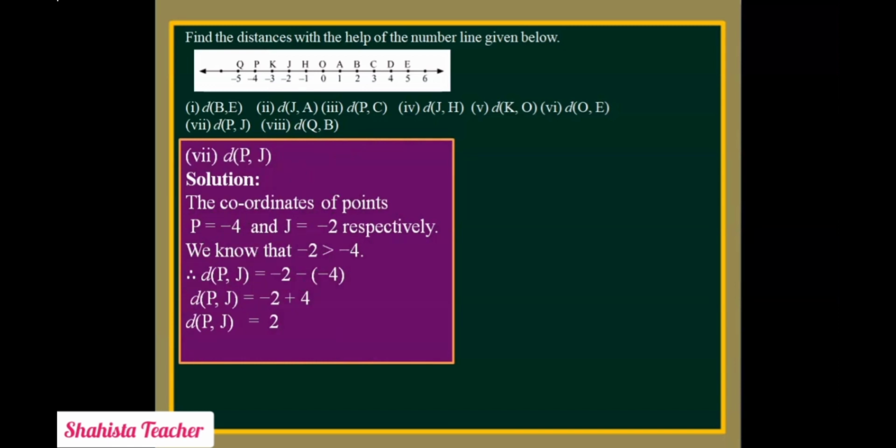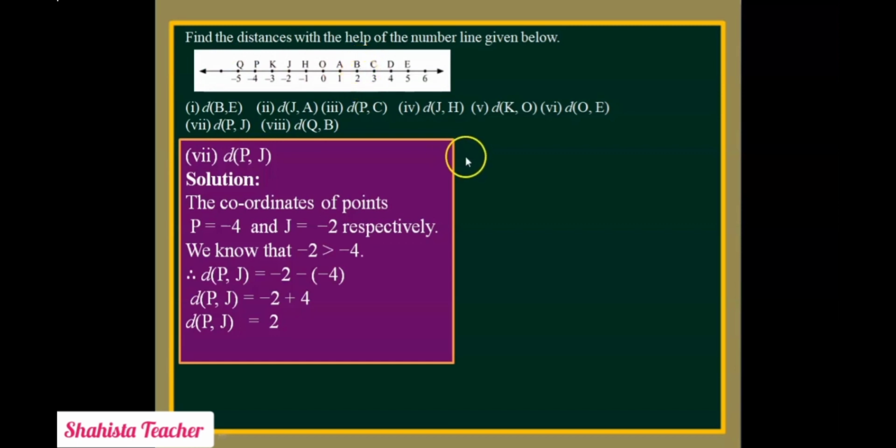Now let's solve sum number 8. Here sum number 8 is distance of Q comma B. Now on this number line, coordinate of Q point is -5 and coordinate of B point is +2.